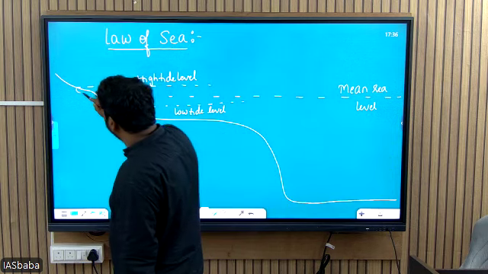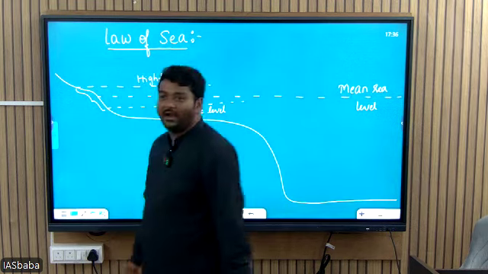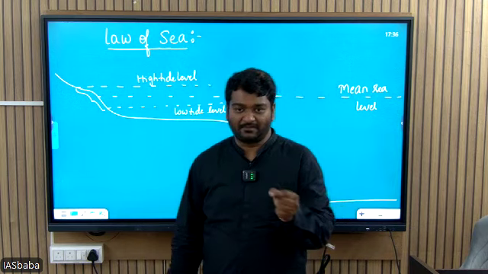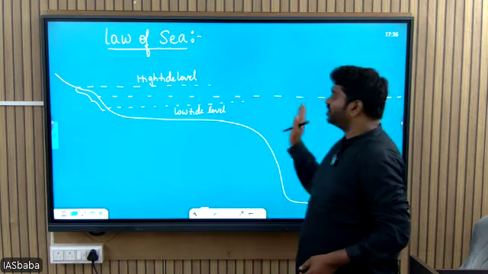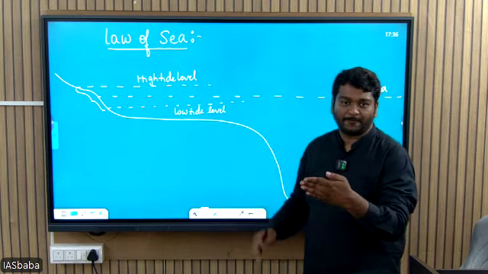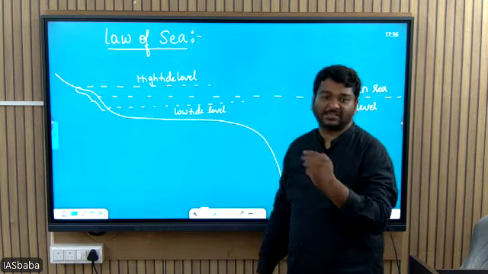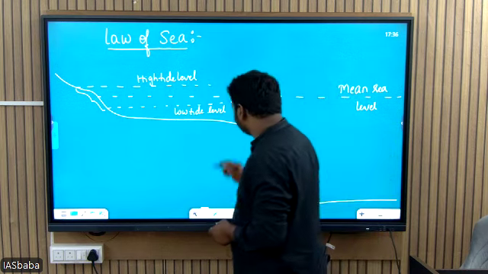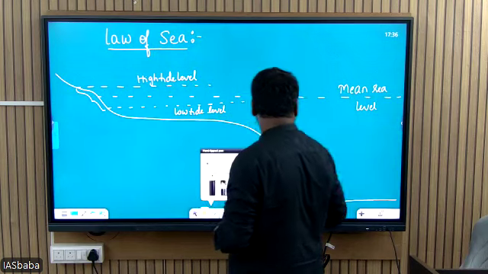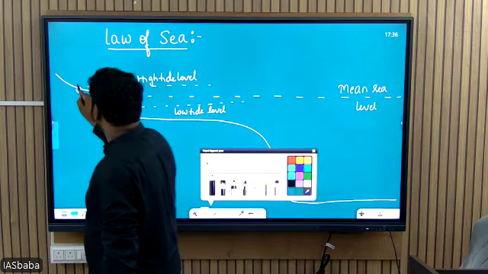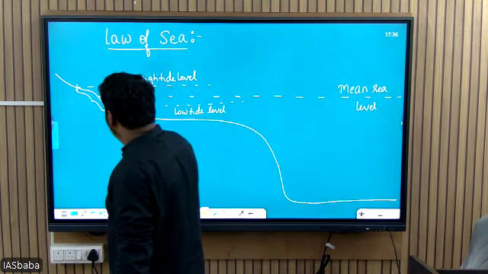And within this area, I have to draw a baseline, like a starting point to say how much of the ocean is mine. I need a starting point. That starting point is called baseline. Now let me say someone will start the baseline here and someone will start here.